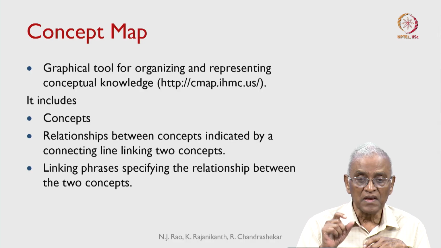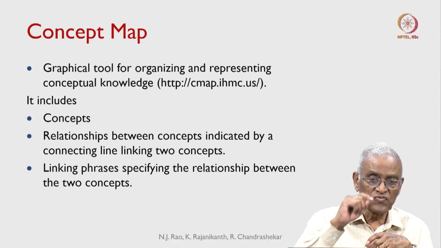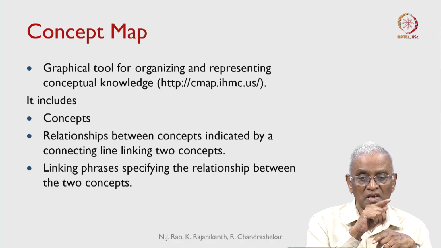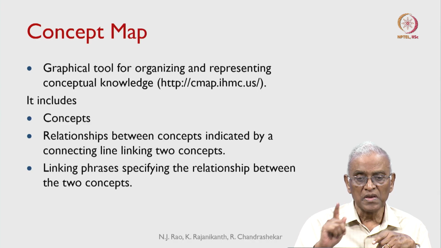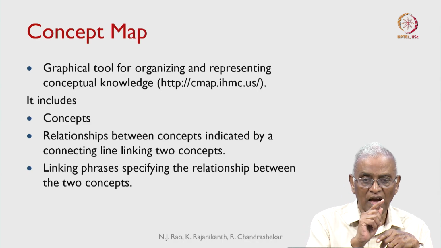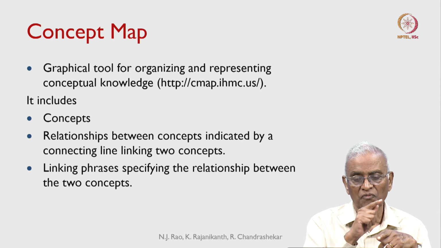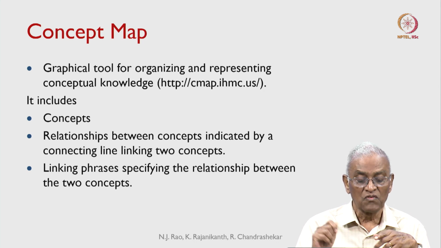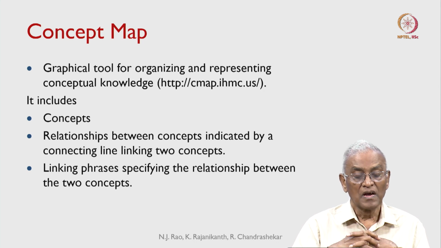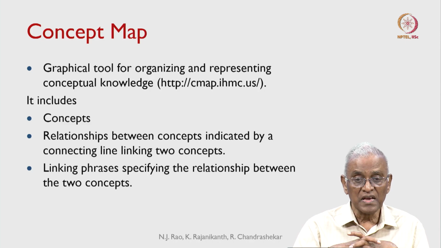If I write a linking phrase, then when I read how concept A is connected to B, I put the linking phrase in to make it almost like a sentence. We will presently see how the linking can be shown.